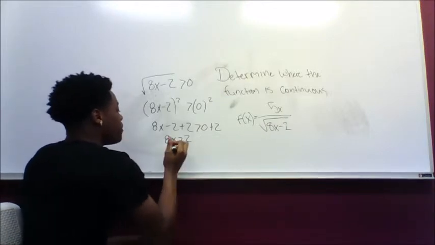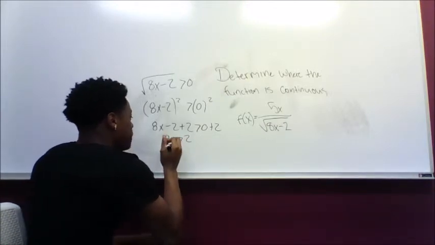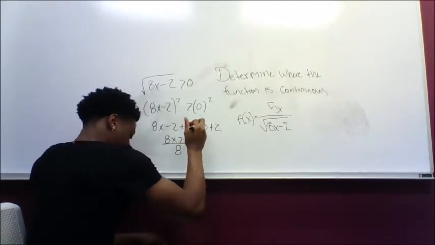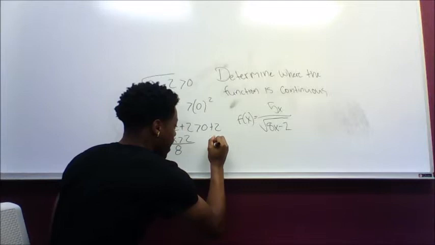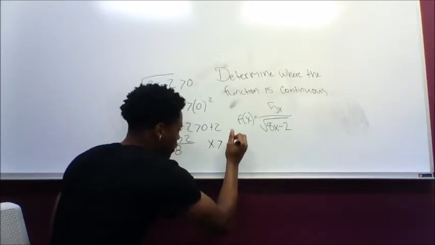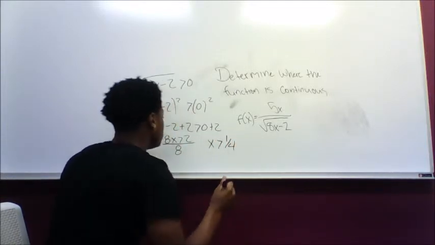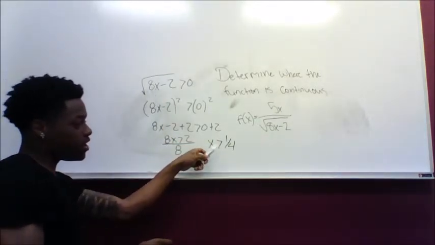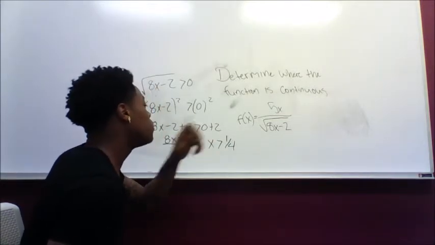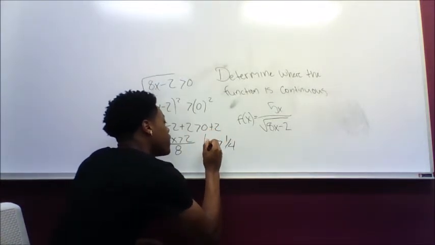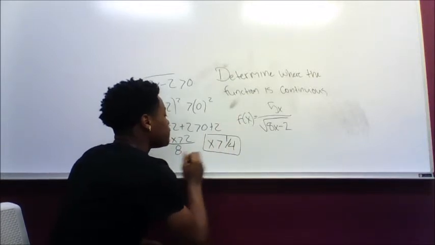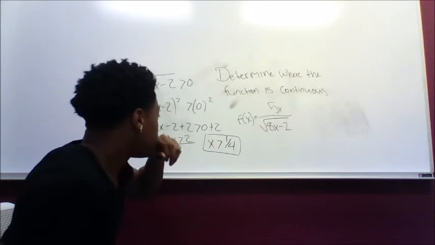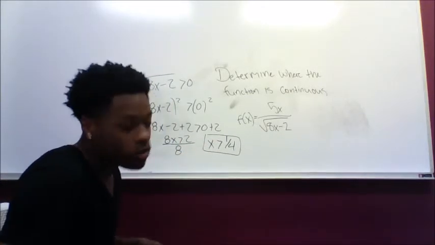We're going to divide that by 8, which is going to be x greater than 1 over 4. That's the answer right here: the function is continuous when x is greater than 1 over 4.